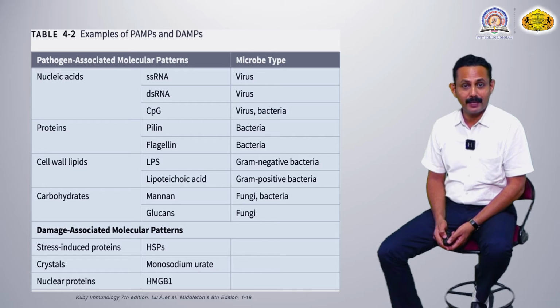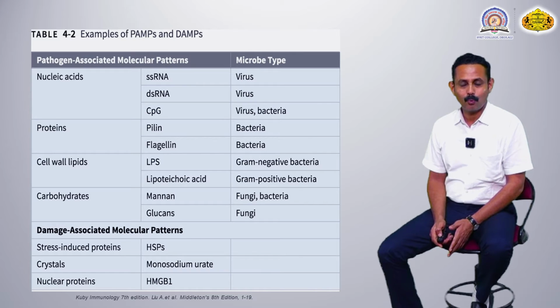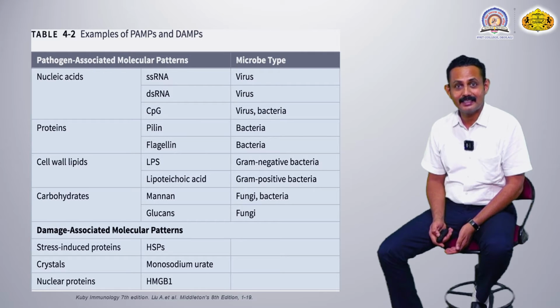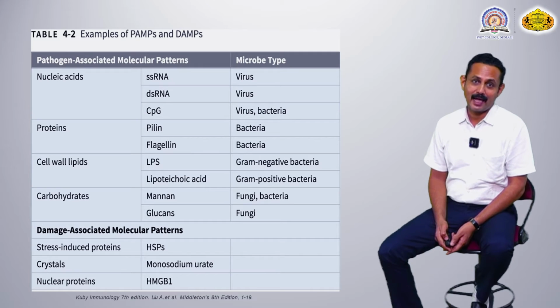This means PAMPs and DAMPs themselves act as a molecular signal when a pathogen enters the body. That pathogen may be a virus, bacteria, fungi, or a mix of these. When they enter, whatever chemical structure they bring with themselves, given to them by Mother Nature, acts as a signal to activate different types of cells of innate as well as acquired immunity.